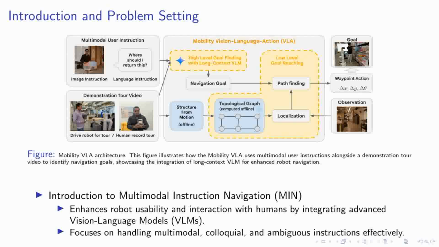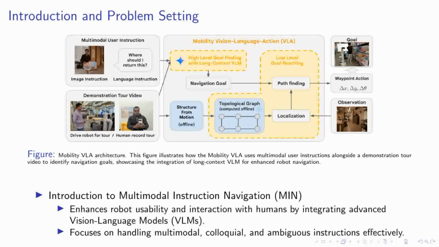In this segment, we delve into the innovative Mobility VLA architecture, a cornerstone of our research. As illustrated in the figure on display, this architecture leverages multimodal user instructions combined with a demonstration tour video to pinpoint navigation goals. This integration of long-context vision language models, or VLMs, significantly enhances robot navigation capabilities.